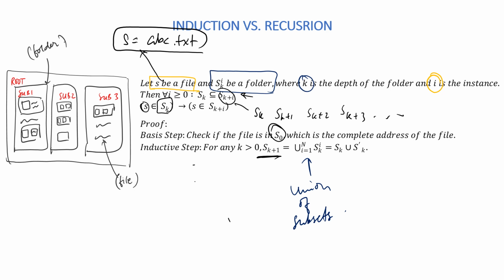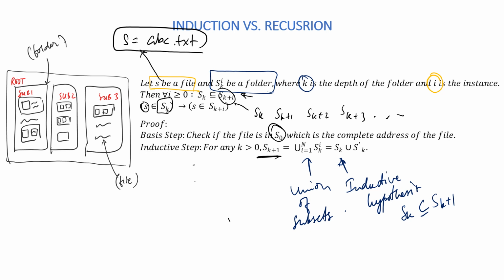This is where we put our inductive hypothesis in. S of k is a subset of S of k plus 1. So we've got S of k, which is a subset of S of k plus 1, and S of k complement, which is all the elements that are in k plus 1 but not in S of k. And I guess the rest follows.